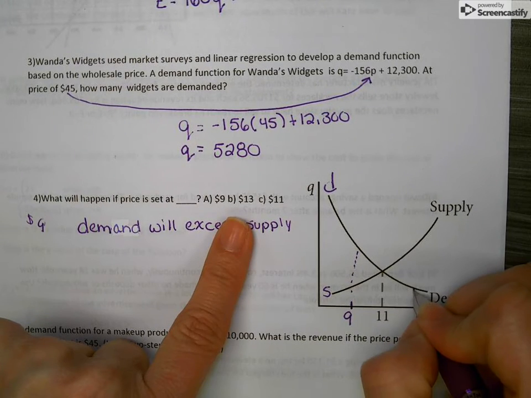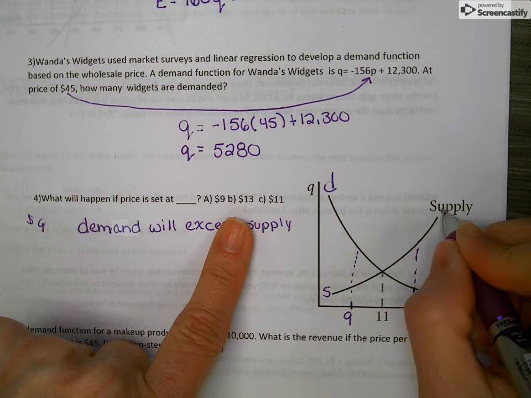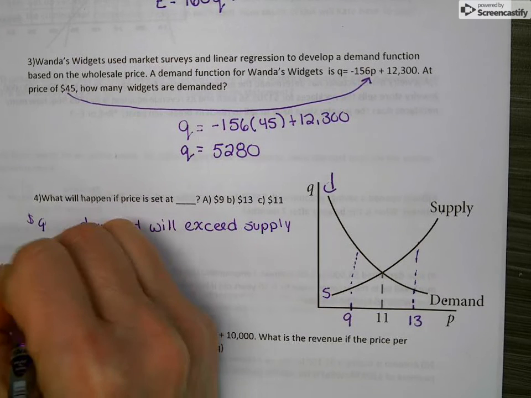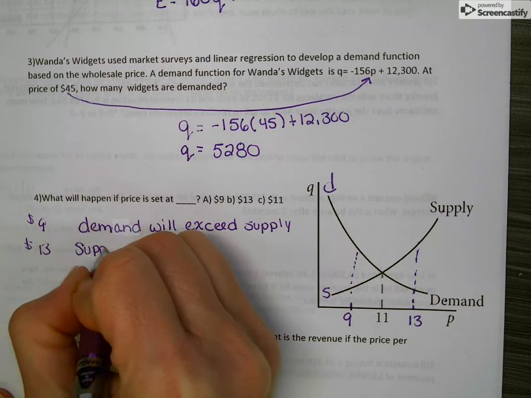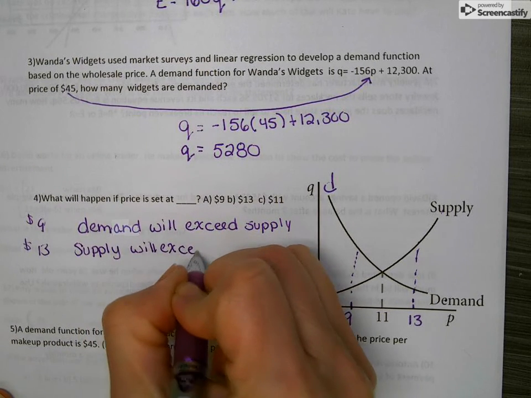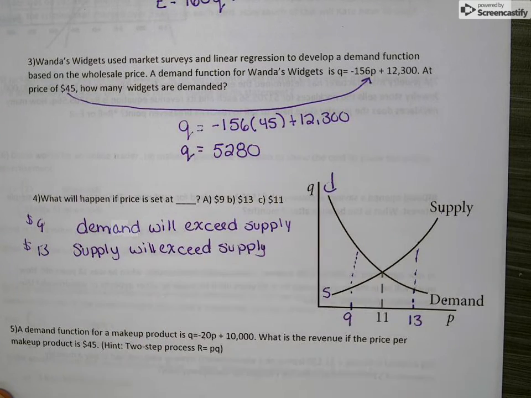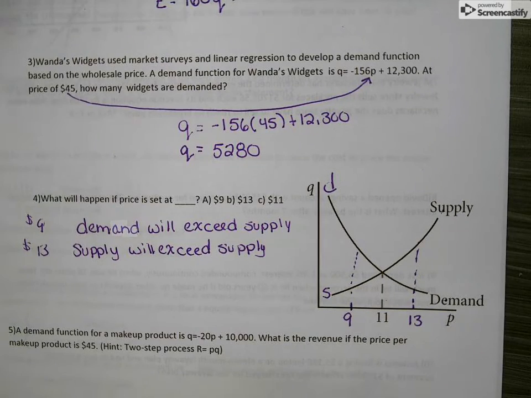At $13, which is approximately here, then our supply will exceed demand. And at $11, that will be the equilibrium.